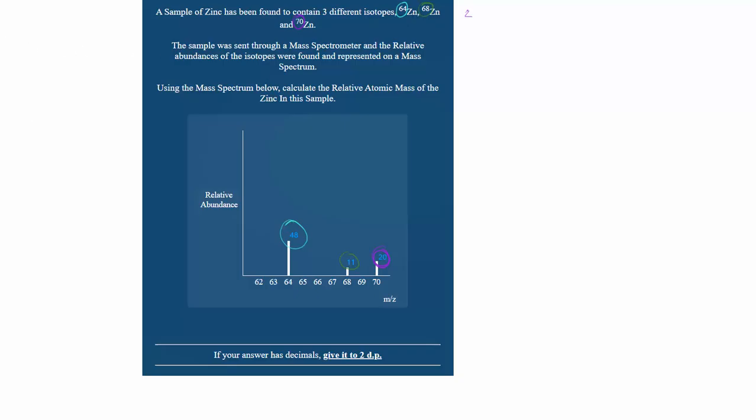So first of all, I'm going to take the 64, and just to clarify, what we're doing here is taking each of the relative isotopic masses and multiplying them by the respective relative abundances, which we've gotten from the graph.